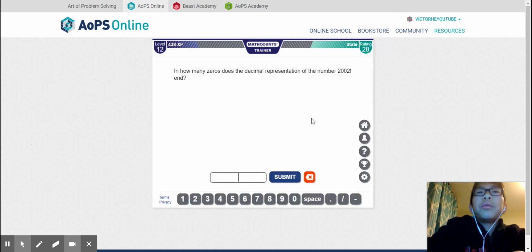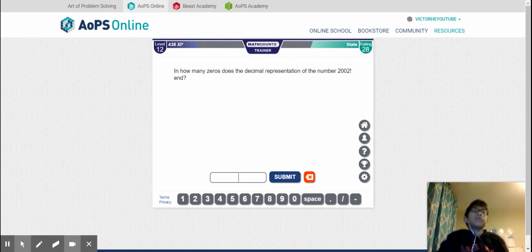Next question. How many zeros does the decimal representation of the number 2002 factorial end in? This is really tricky because you have to find.